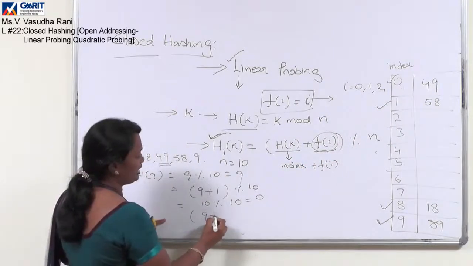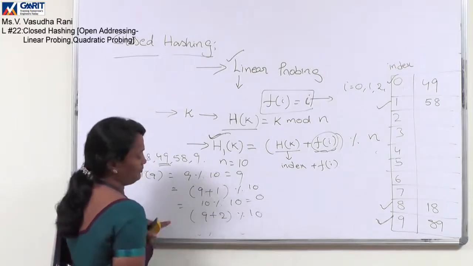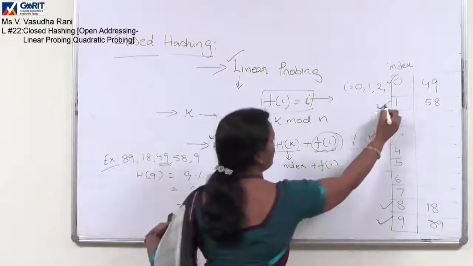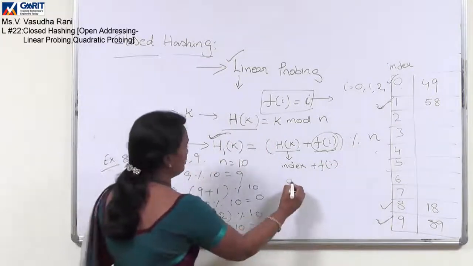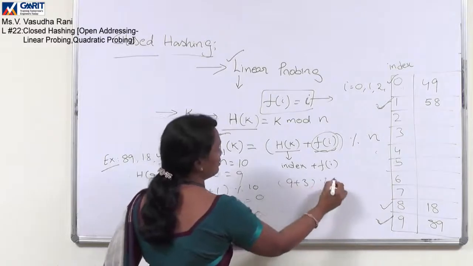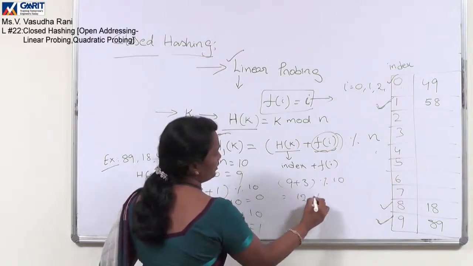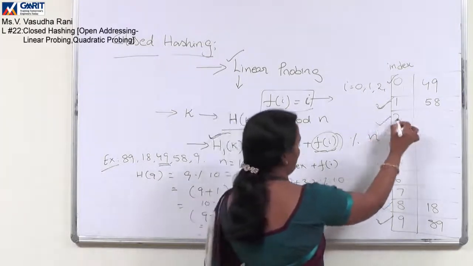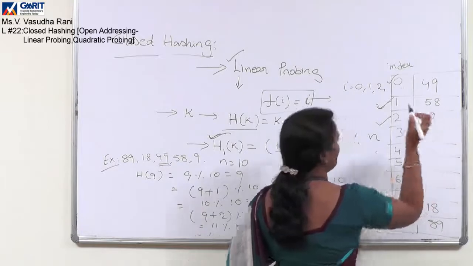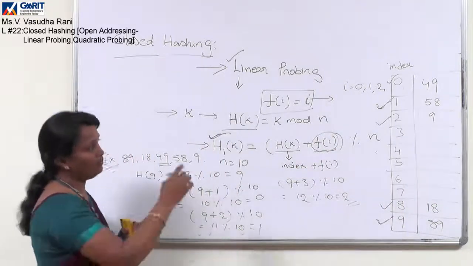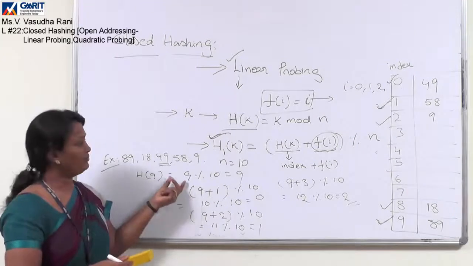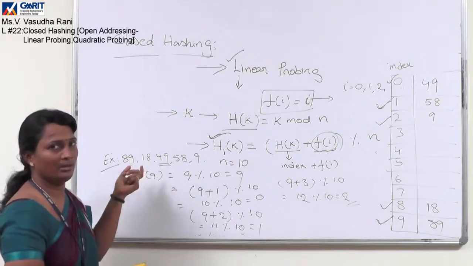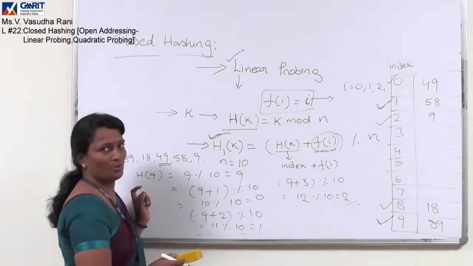So we go for 9 plus 2 mod 10, which is 11 mod 10, giving 1, which is also already filled. So we go with 9 plus 3 mod 10, which is 12 mod 10, giving 2 for us. So at this location 2 we can store our key. This is how we try to find the location for new keys which have a collision with an earlier key, and we store them.